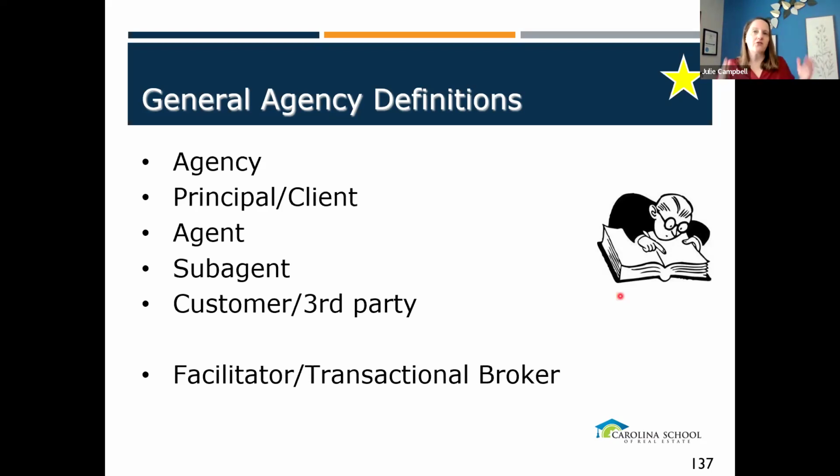You're there for the best interest of the transaction. And in North Carolina, if the broker is involved in the transaction, somebody has to hire me. We cannot work with two unrepresented parties. The agent is the firm, the broker is the individual.